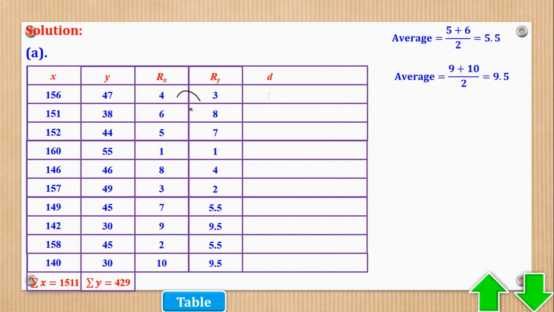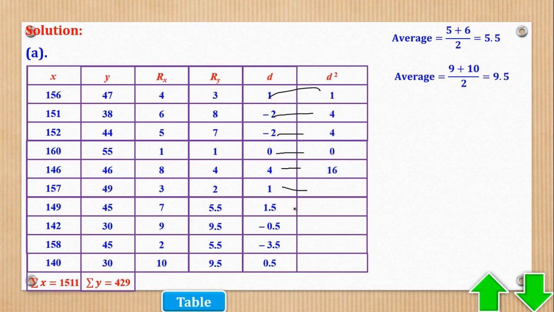This minus this, and so on, subtracting each pair. Then we need the squares of these differences. So we square each of these.